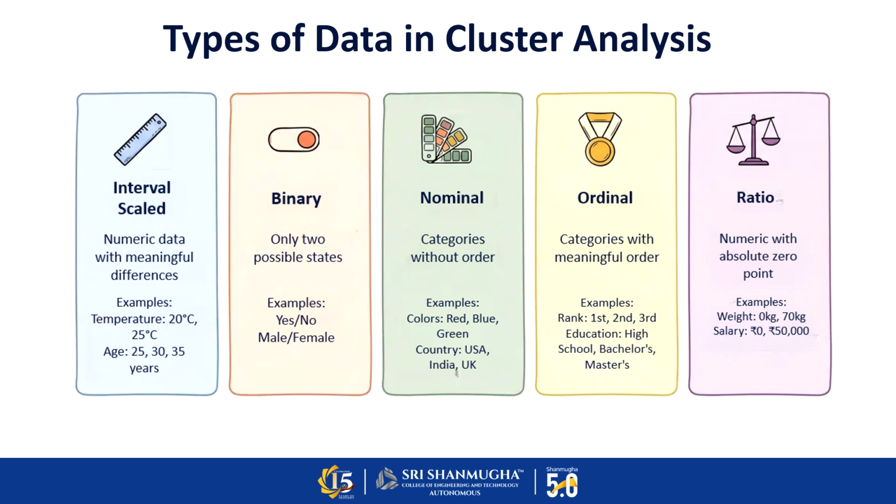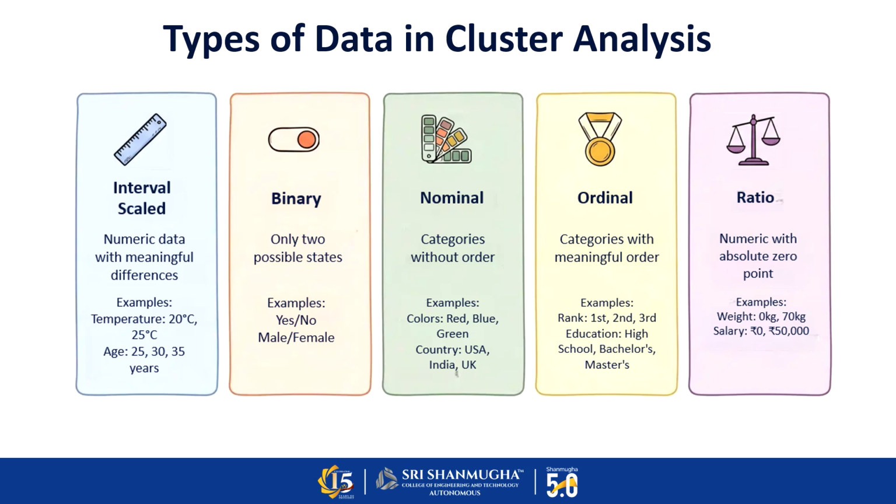Similarity is measured by how many attributes match between two objects. Third data type, nominal data. You can categorize without any inherent order or ranking. For example, colors: red, blue, green. Country: India, USA, UK. Blood group: A, B, AB, O.